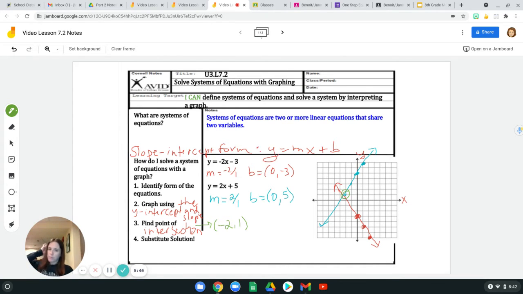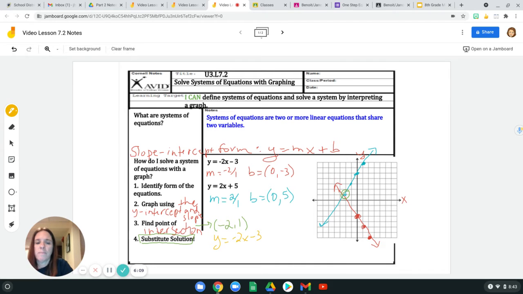All right, now to prove that, I'm going to substitute that ordered pair, substitute my point of intersection into each equation and see if it makes a true statement, okay? So my first one is y equals -2x minus 3.